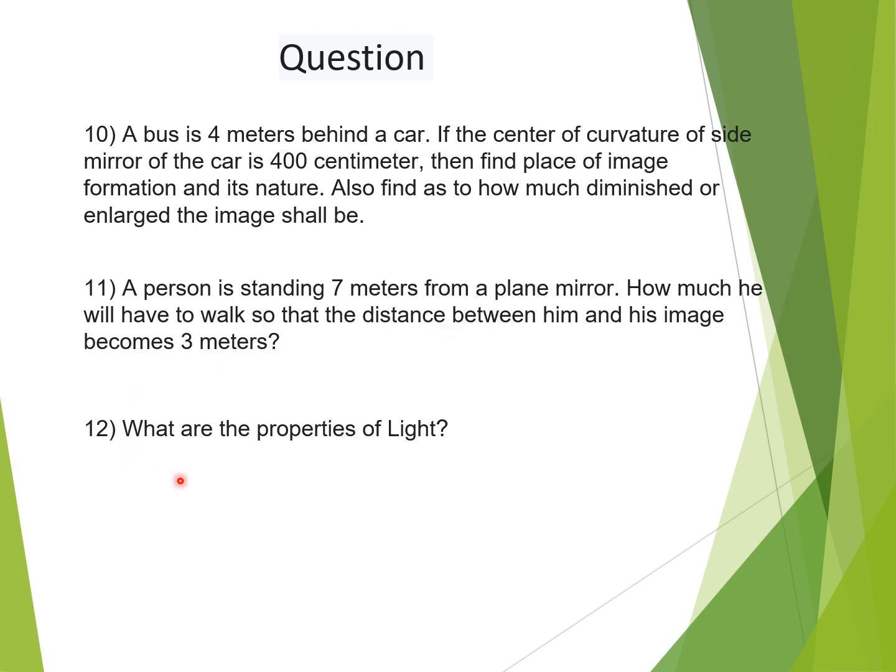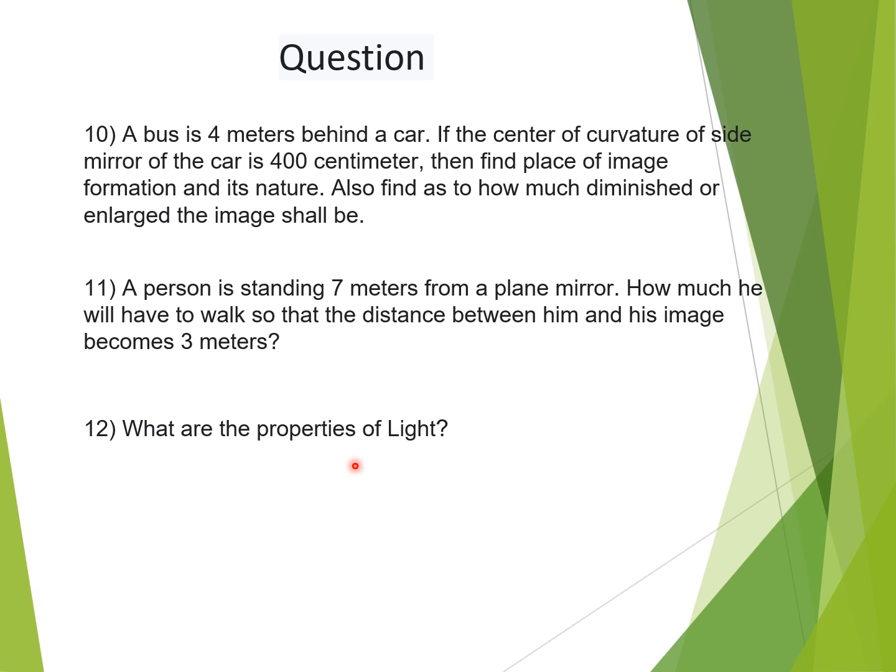And the last question is, what are the properties of light? We have studied it before. One of course is that light always travels in a straight line. Then second is the speed of light is 3 into 10 to the power 8 meters per second. Then light travels as waves and particles.